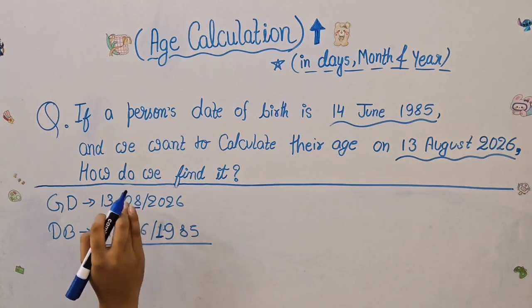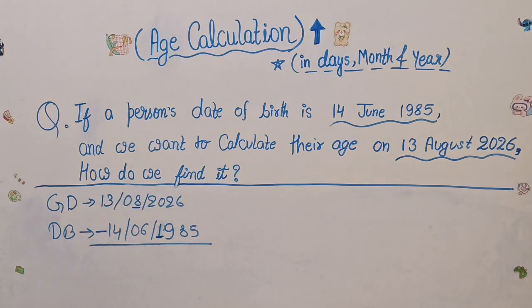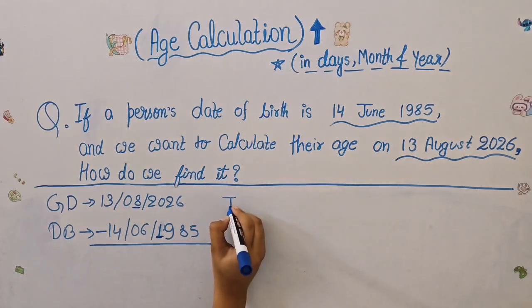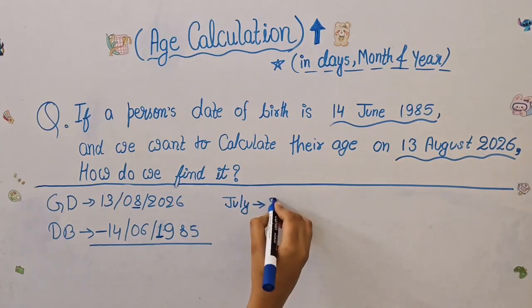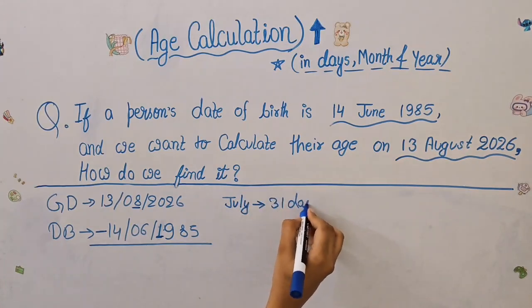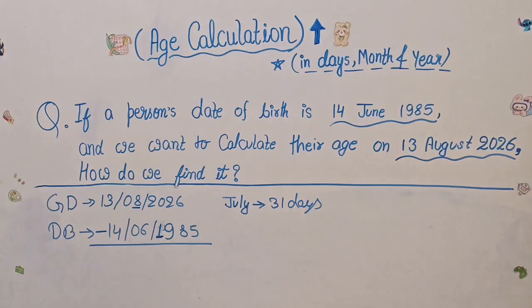The 8th month is August, so the previous month will be July, and July consists of 31 days. So this will borrow 31 days directly to this 13.